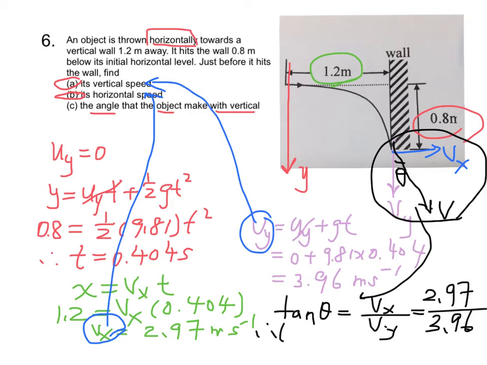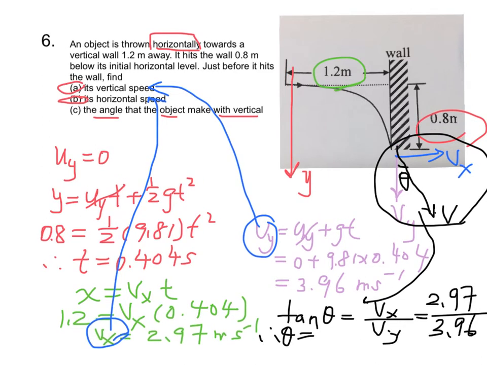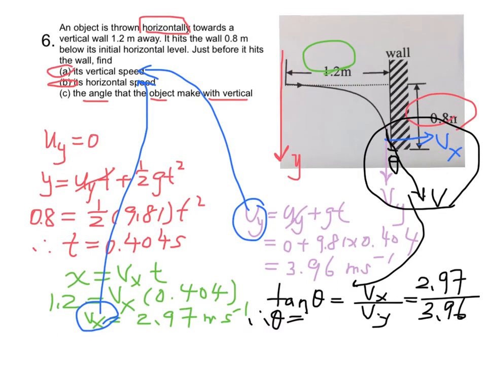Therefore, theta can be found to be 36.7 degrees. And this is the answer for part C.